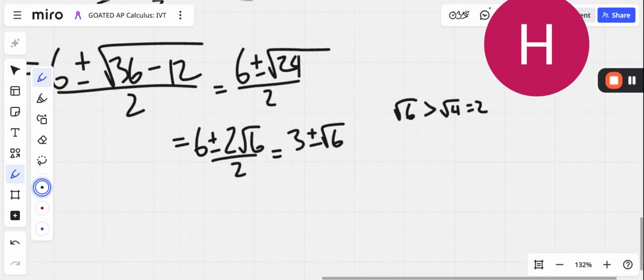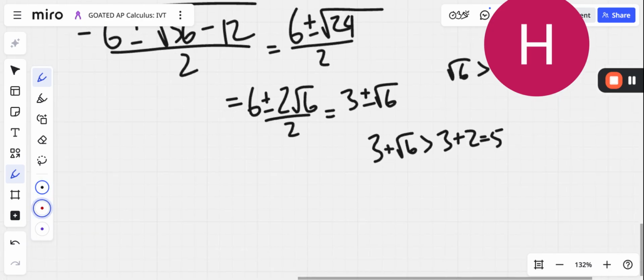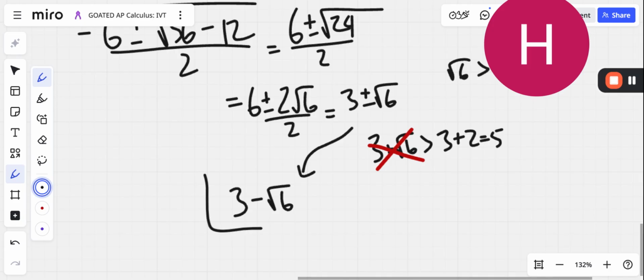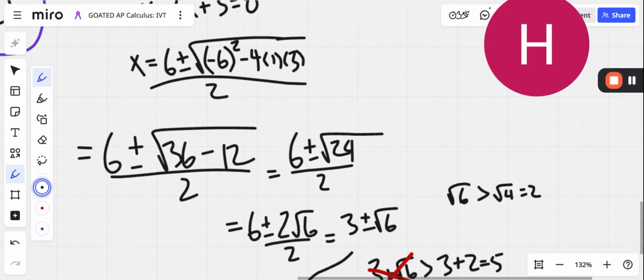So 3 plus root 6 is bigger than 3 plus 2, which is 5. That means it's outside of the interval. We're not going to use this one. We're going to use 3 minus root 6, which is a little bit less than 1. Don't know exactly what it is. It's a little less than 1. And so it is on the interval from 0 to 3.